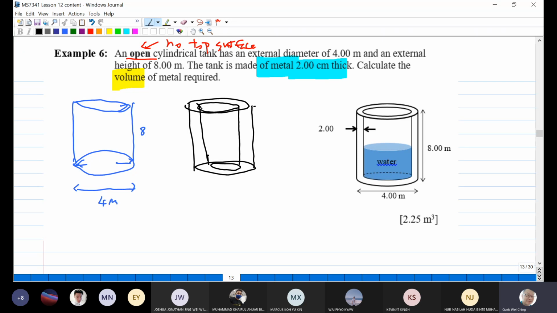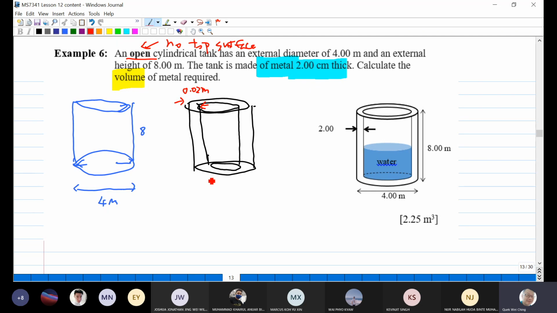So if this is 2 cm, 2 cm means 0.02 meter. So the inside radius is actually what now?